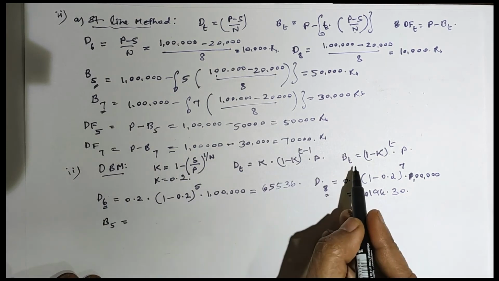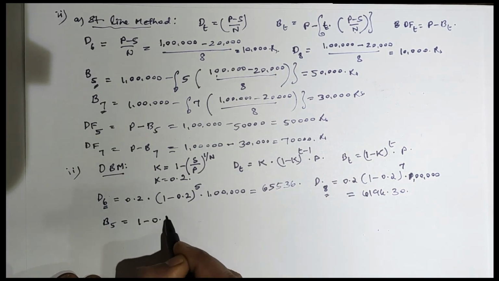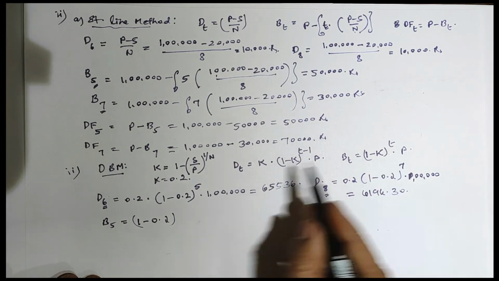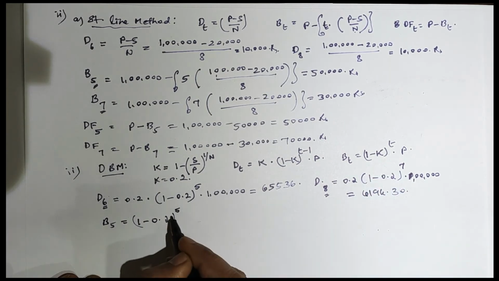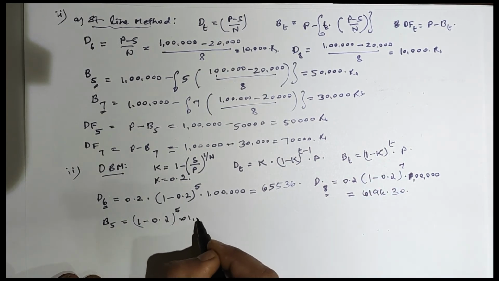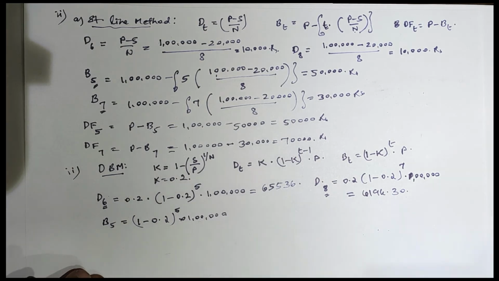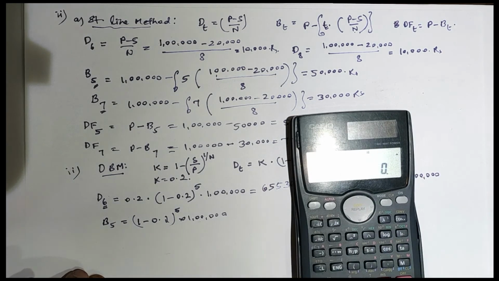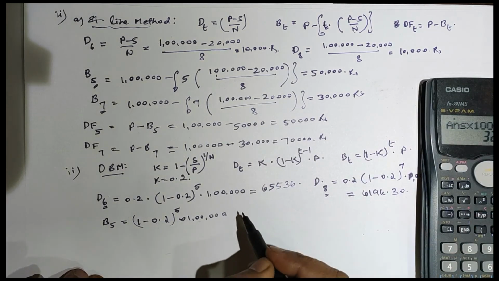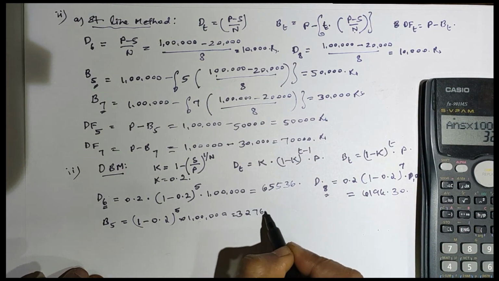Now coming to B5 equals (1 minus 0.2), that is 1 minus K, raised to the power 5, T itself, no minus 1 now, into 1 lakh. So 0.8 raised to the power 5 into 1 lakh is 32,768.